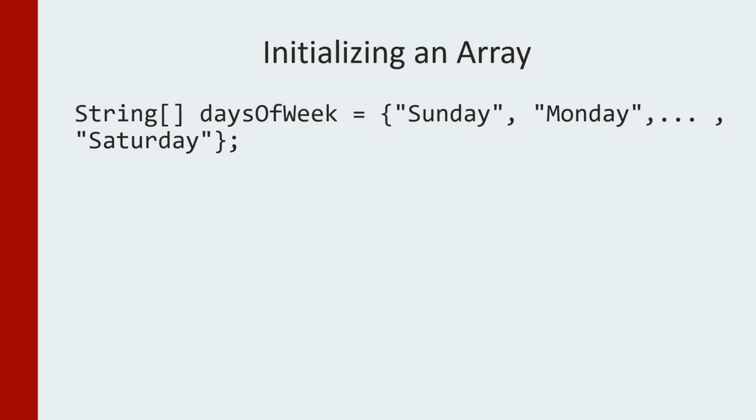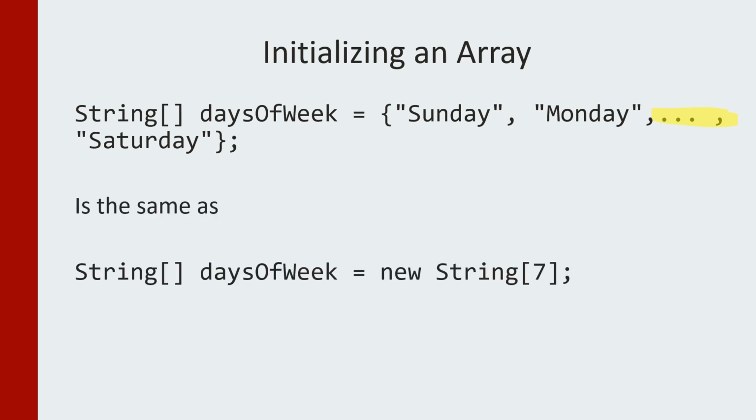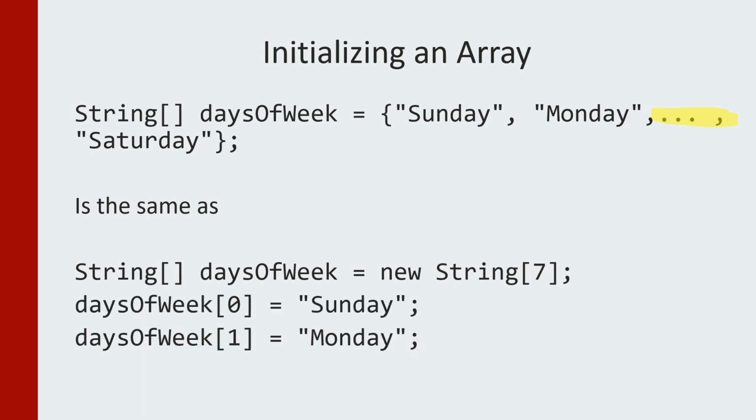And just to show you here, because I didn't want to write it all out, this ... refers to writing those other words out. This is equivalent to writing out each of the days of the week and saying the index. So daysOfWeek at 0 is equal to Sunday is the same thing as having the first thing in your little curly bracket list be named Sunday.